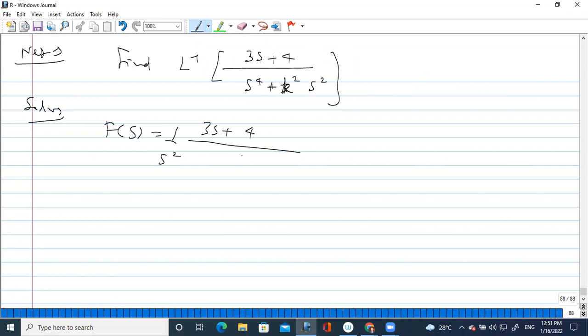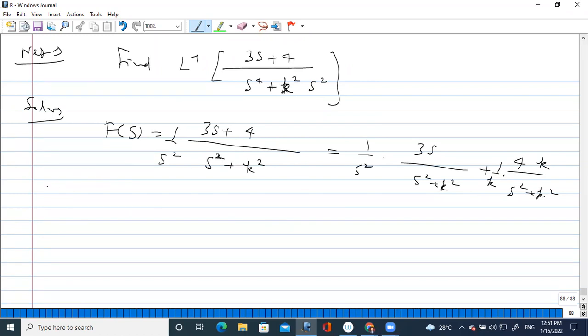So it has become an integral type of question. So 3s plus 4 divided by s square plus k square it has left. Now it is very simple. So it is 1 by s square into 3s by s square plus k square plus 4 by s square plus k square. But here I need k, so I will divide by k. So this will be like this.